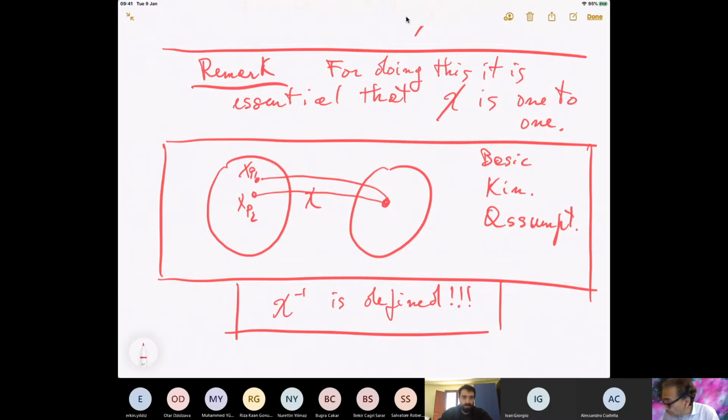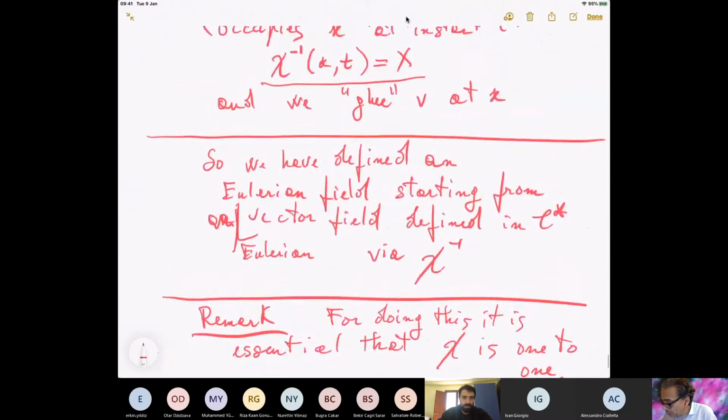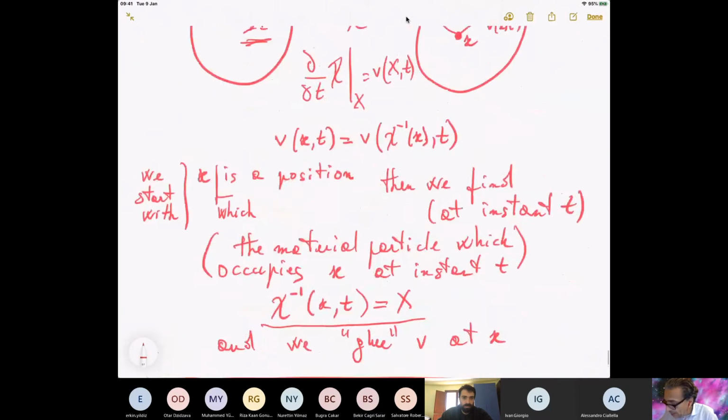Remember this: we cannot introduce the Eulerian velocity field as we did here without having the inverse function there.